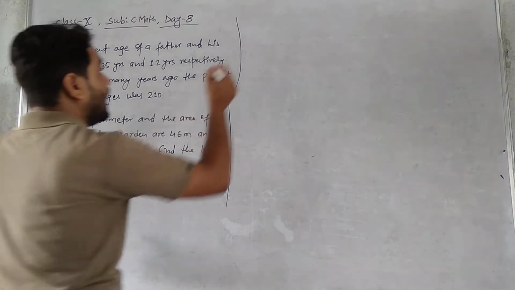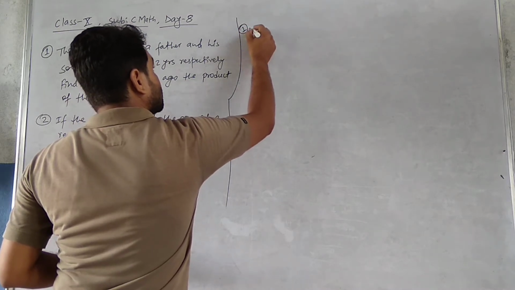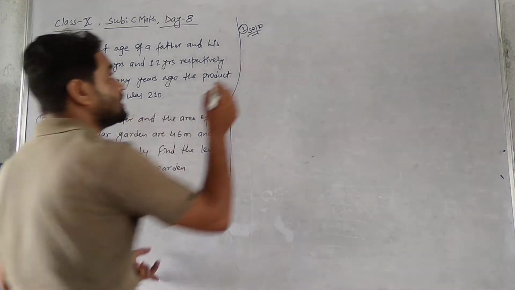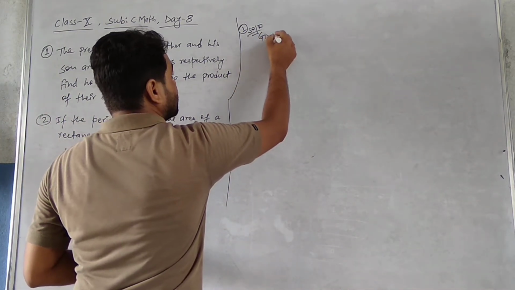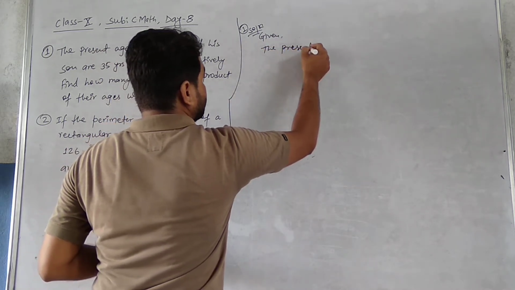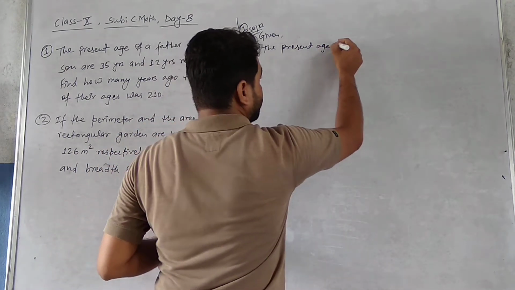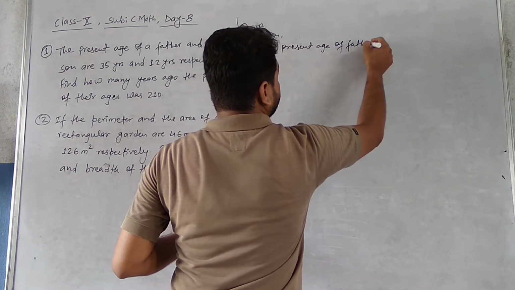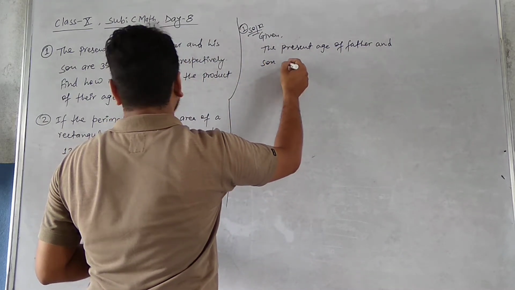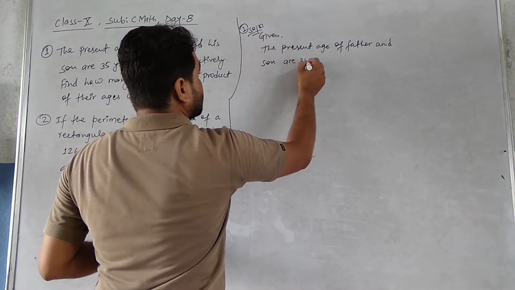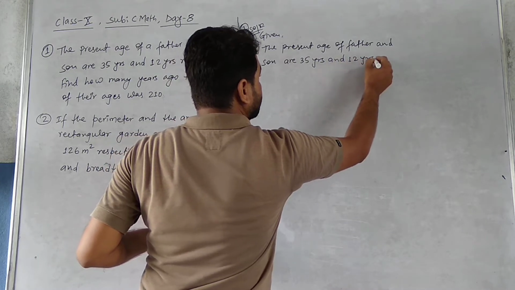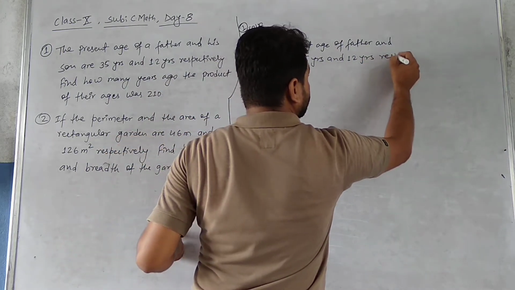The present age is given, and so we are going to solve that. We are going to write the given: the present ages of father and son are 35 years and 12 years respectively.